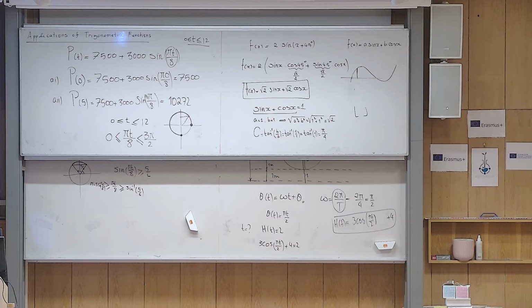Oh, it gives a very horrible answer, but no worries. We put approximations and it becomes simple. So these are the numbers that I get in GeoGebra.